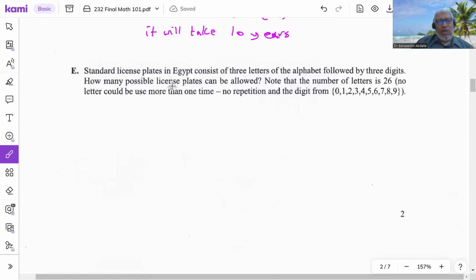Standard license plates in Egypt consist of 3 letters of the alphabet followed by 3 digits. How many possible license plates can be allowed? So there are 3 letters, followed by 3 digits.